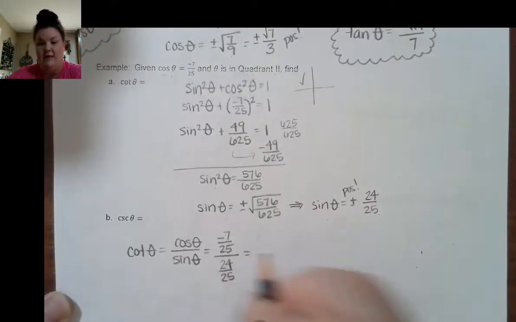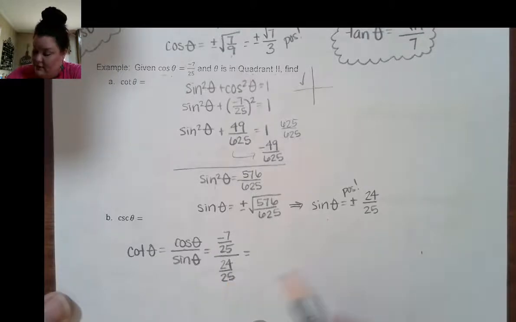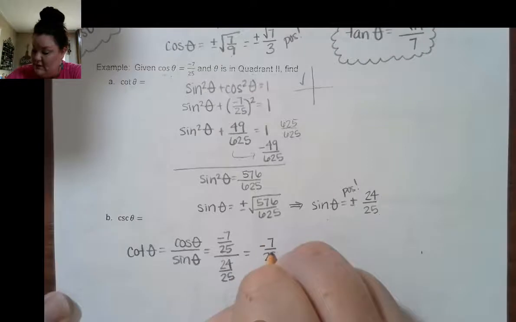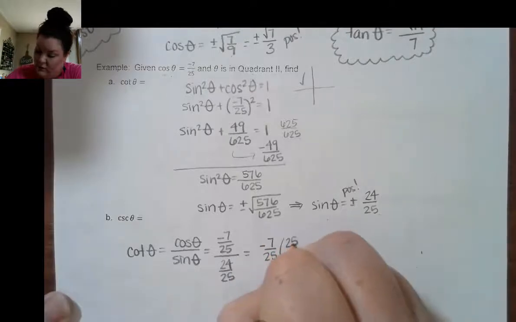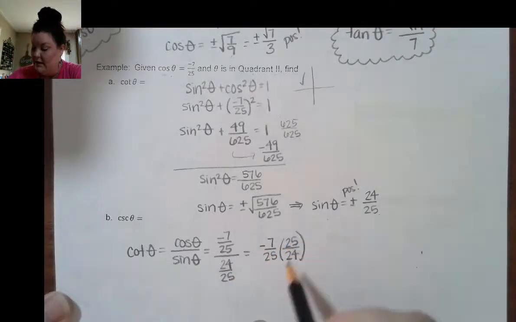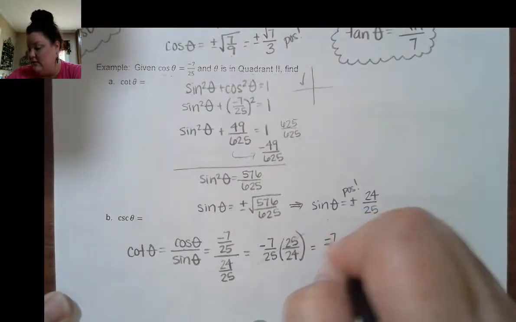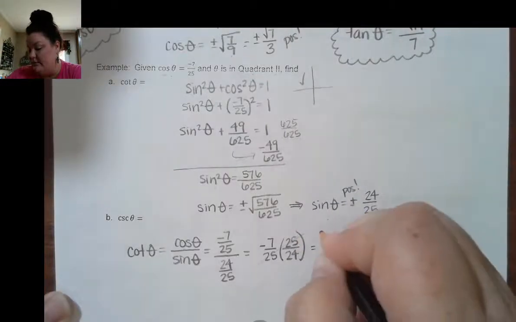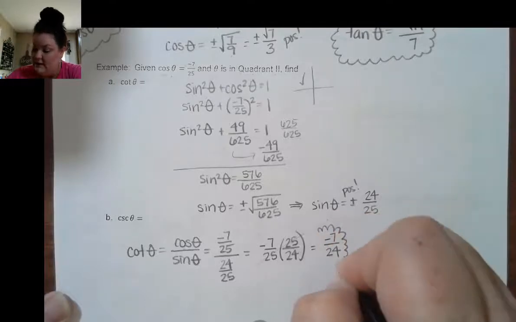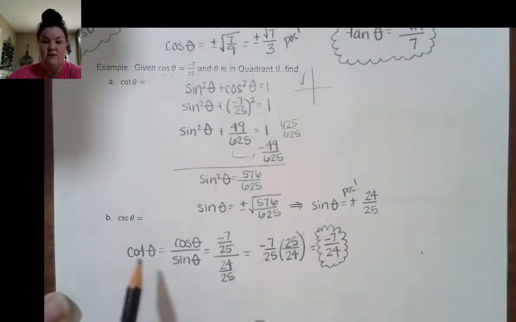And then again, we can flip and multiply by the reciprocal of the bottom. So negative 7/25 times 25 over 24. My 25's cancel, and I'm left with negative 7 over 24. So that is my cotangent value.